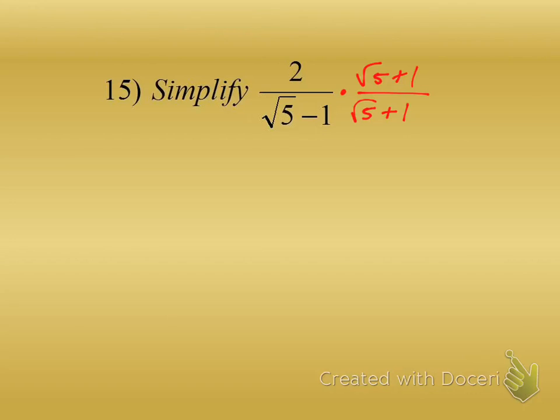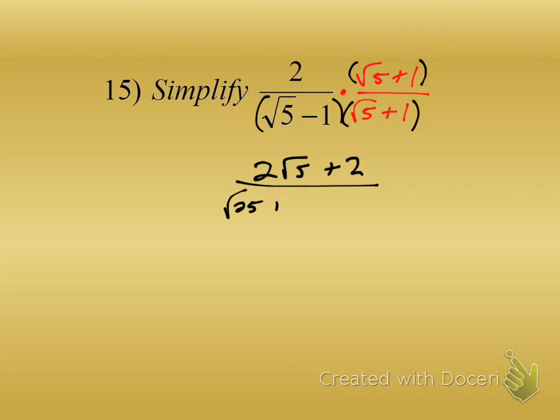Which turns you into having a distribute problem on the top and a FOIL on the bottom. So distribute on the top, you get 2 rad 5 plus 2. Distribute on the bottom, you end up with rad 25 plus rad 5 minus rad 5 minus 1.